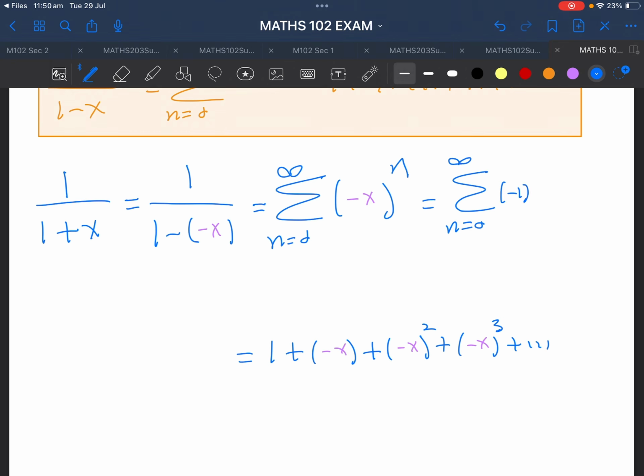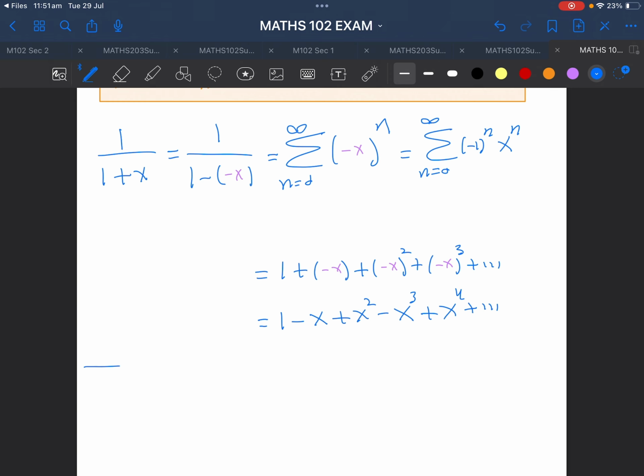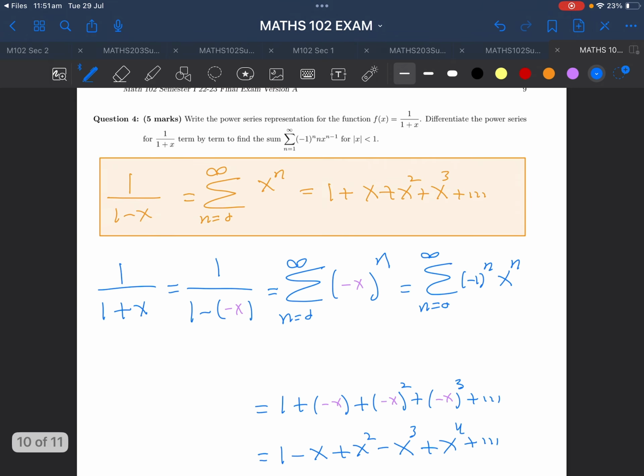So it will be negative 1 to the n. Every factor will take its own share of this n. And in the expanded form, it will be 1 minus x plus x squared minus x cubed plus x to the power 4 and so on. And that's the first part of the question. We write the power series representation for 1 divided by 1 plus x.